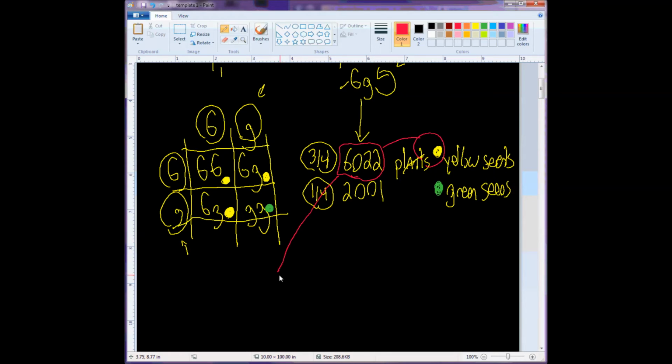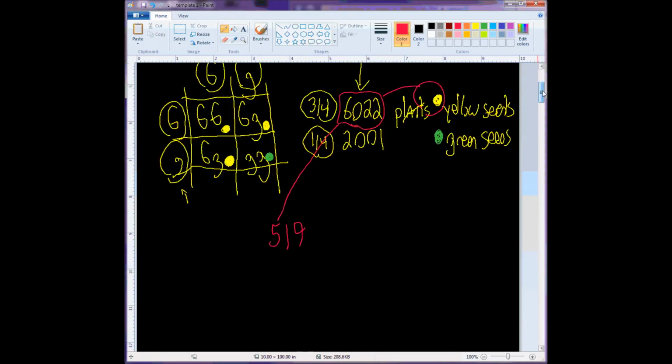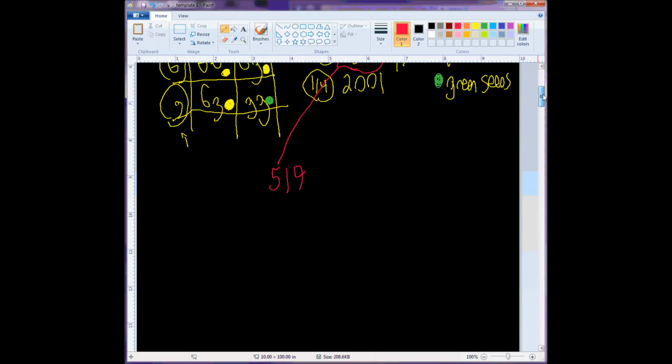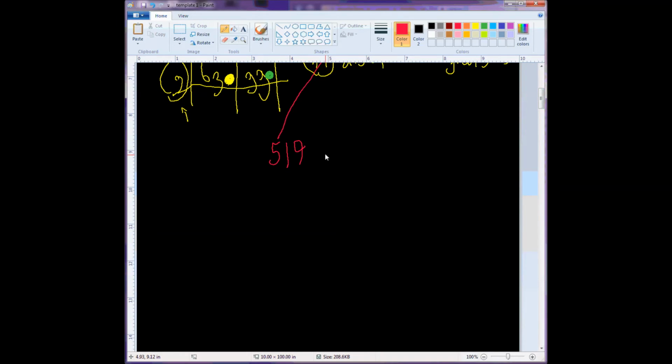How many did they take? They took 519 of them at random, and they self-fertilized them, because you can do that with peas. And what they found was that 166 of those bred true for yellow, which means they're homozygous.